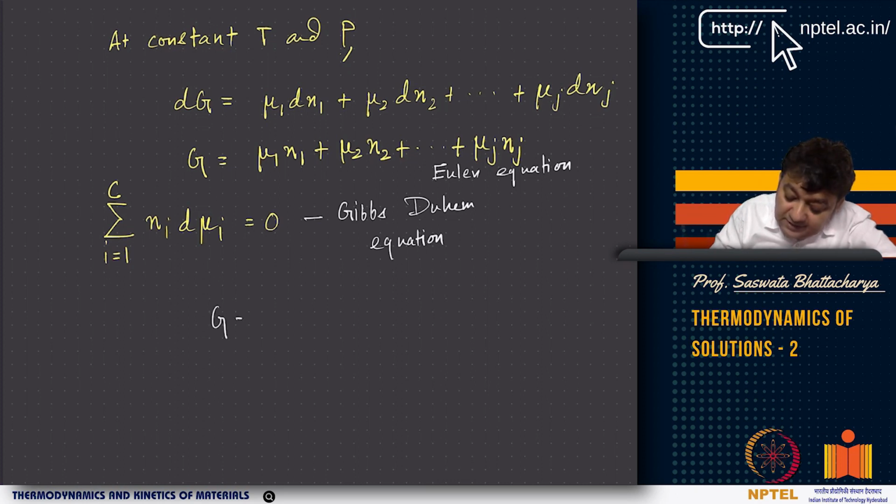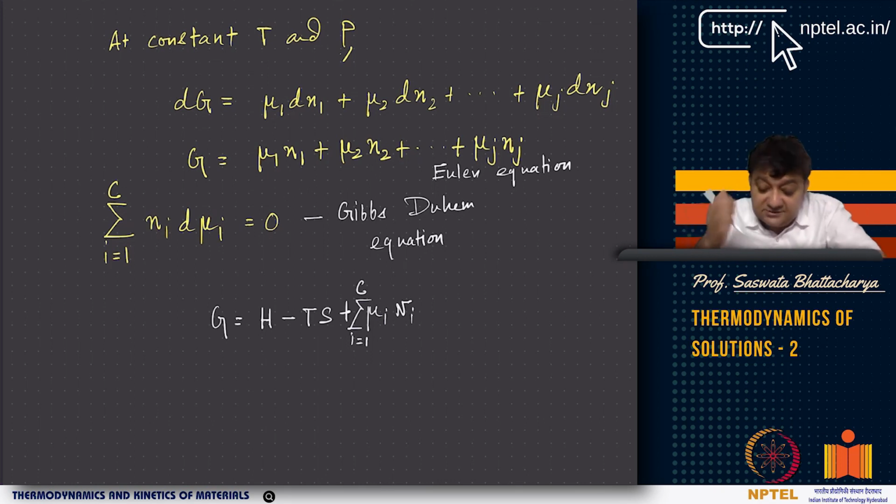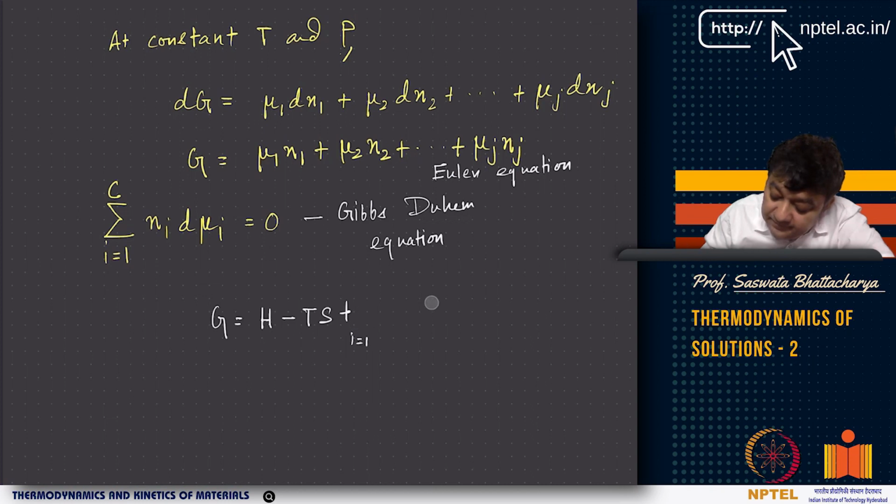Otherwise, we can also write the Euler equation in general as G equals H minus TS, or sum of mu_i N_i. If an index repeats, I sometimes ignore the summation sign because the summation is implied, over i equal to 1 to C, where C is the number of components.